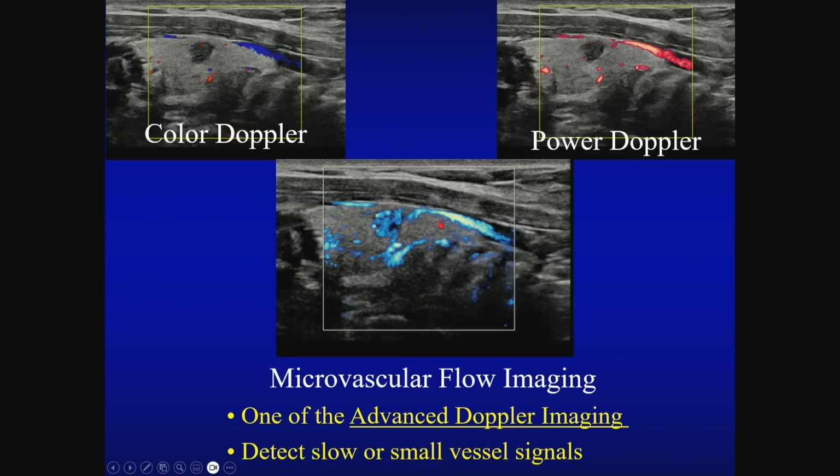What about microvascular flow imaging for this small papillary thyroid cancer? This imaging shows abundant vascularity inside the tumor because it can detect slow and small vessel signals.